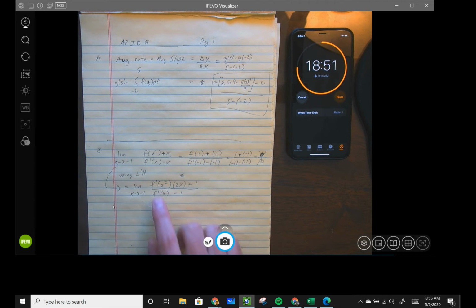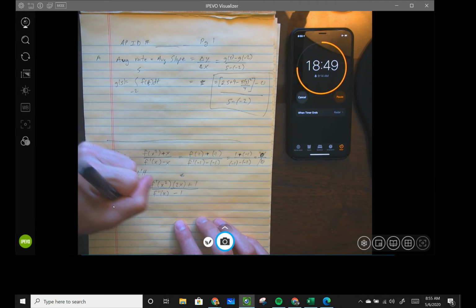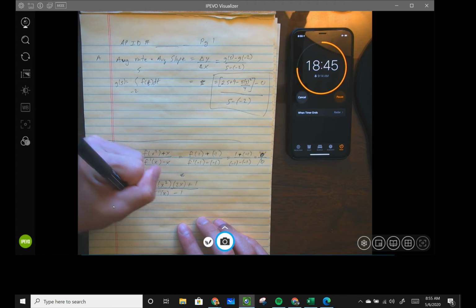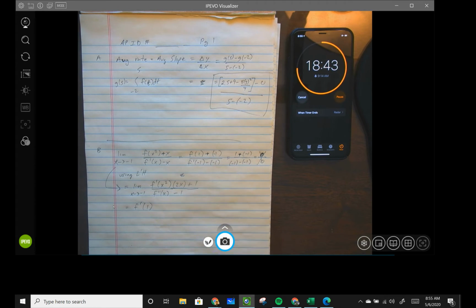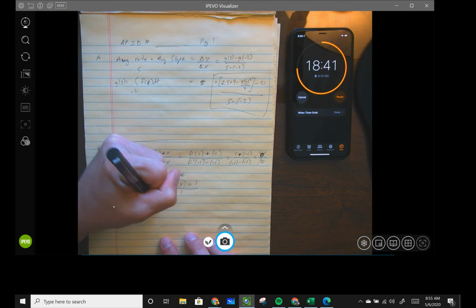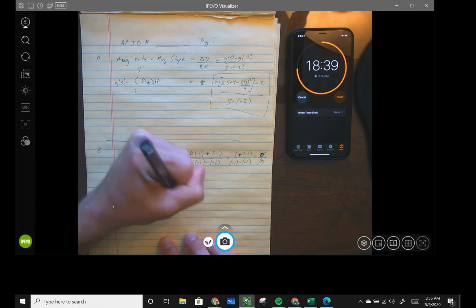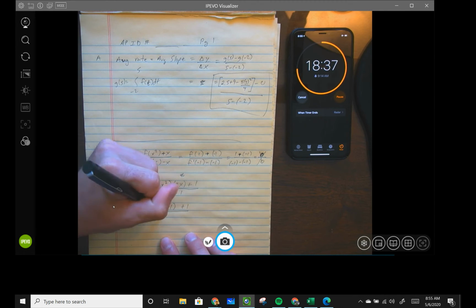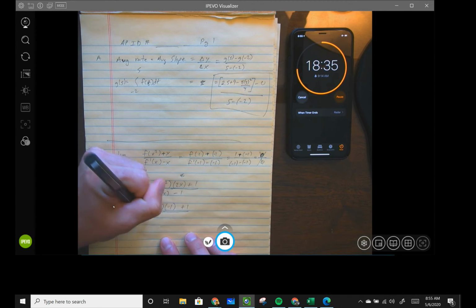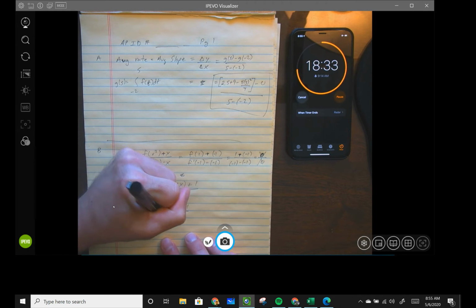Okay, so let's try it out. We've got f prime of -1 squared, which is 1, times 2 times -1 plus 1 over f double prime of -1 minus 1.